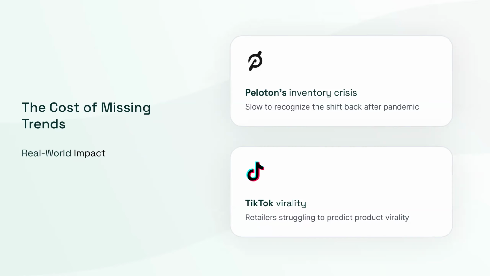Yeah, absolutely. Let's look at some high profile cases that really illustrate the points. Peloton's inventory crisis is a perfect example. During the pandemic, demand for home fitness equipment exploded, and Peloton ramped up production to meet it. But as restrictions eased and people returned to gyms and outdoor activities, Peloton was slow to recognize the shift back.